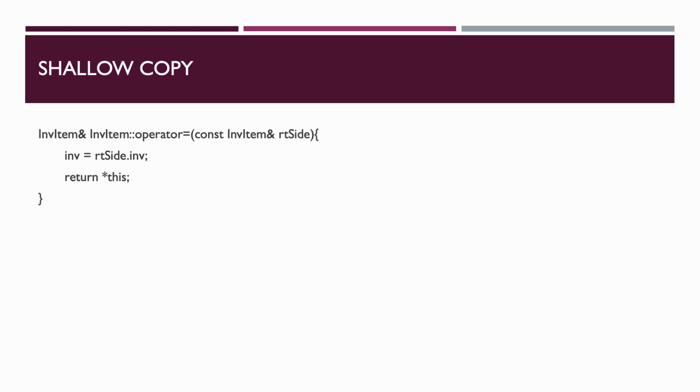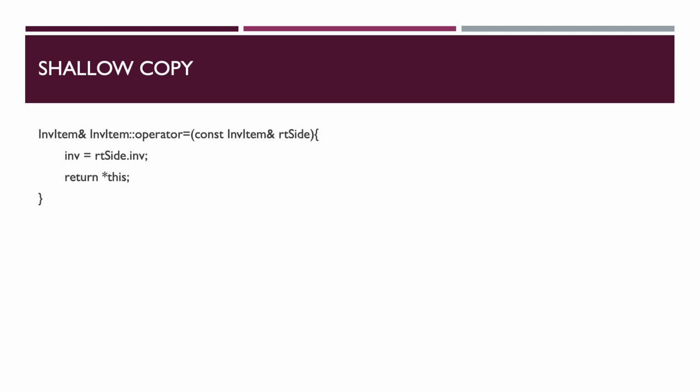This works fine for simple data types like integers or basic data members that don't involve dynamic memory allocation. So it is perfectly fine when your class does not use dynamic memory. For example, if INV is an integer or a basic type, this shallow copy will work without issues.